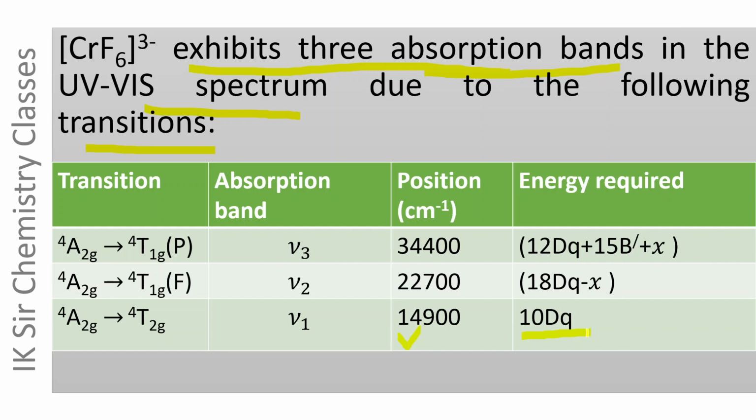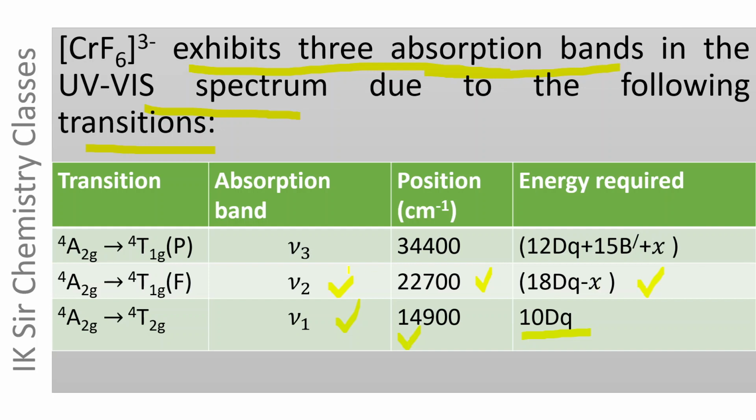It is obvious from the earlier diagram. The second transition, quartet A2g to quartet T1g(F), is denoted by ν2. It is observed at 22,700 cm⁻¹, and the energy required for it is 18 Dq minus x.